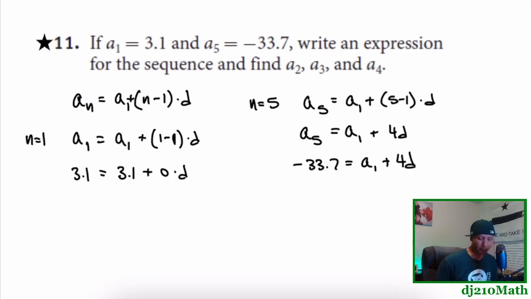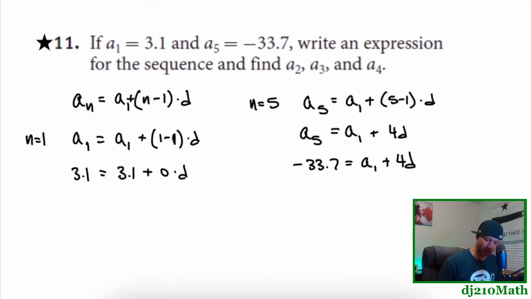Okay, well, I got one equation. What's up with the other equation? n is 1, a sub 1. Okay, you know what? Let's just roll with it. Let's figure out what d is. Oh, haha.